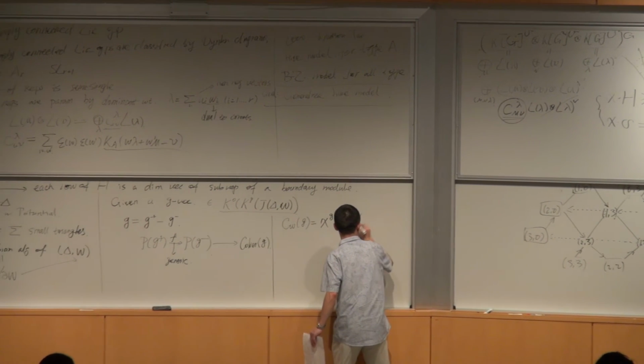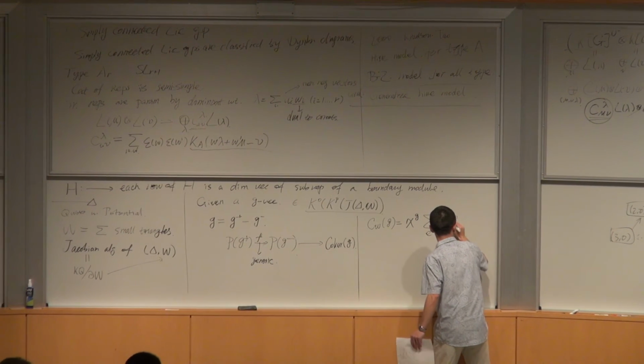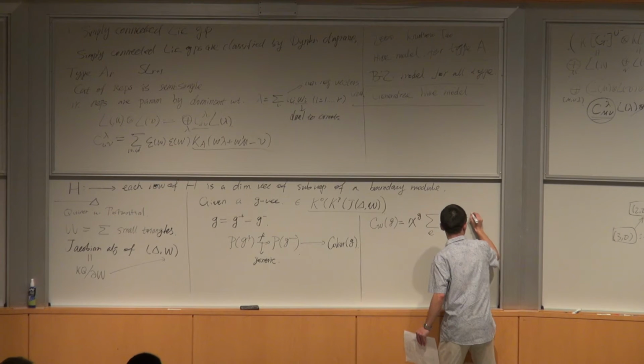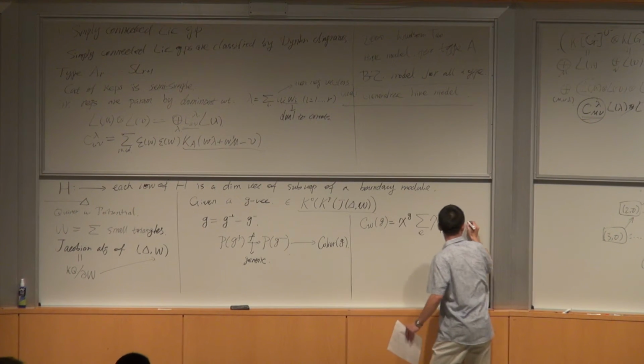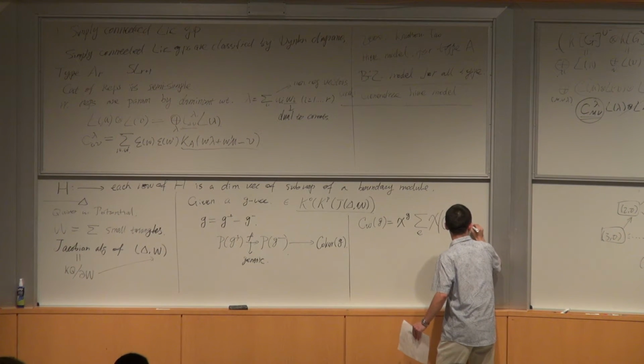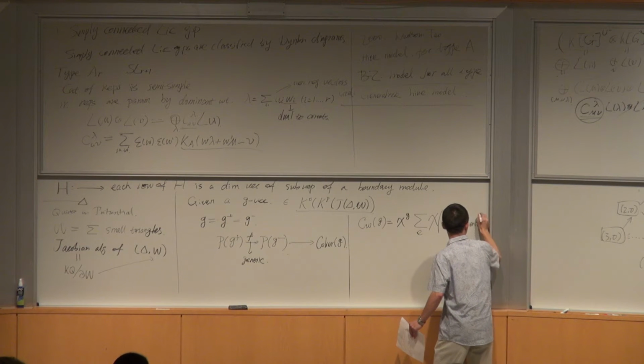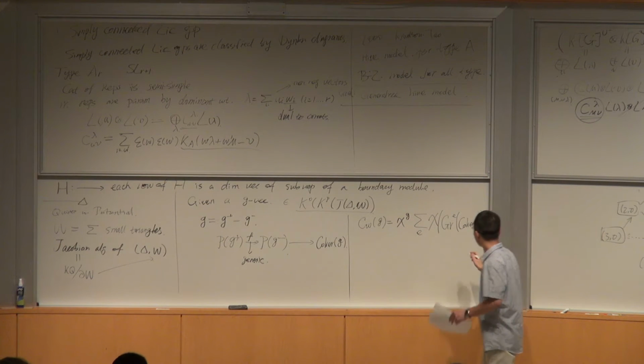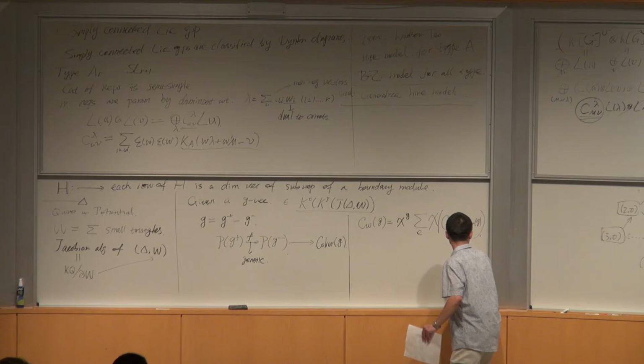I'll take all the characteristics of this Grassmannian of the co-kernel of G, and then multiply by some variables. So that is x to negative e.